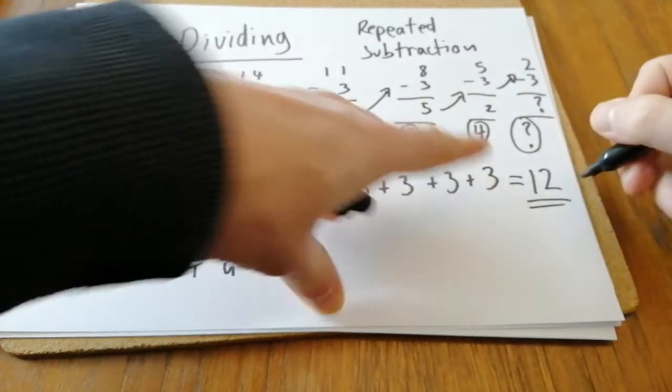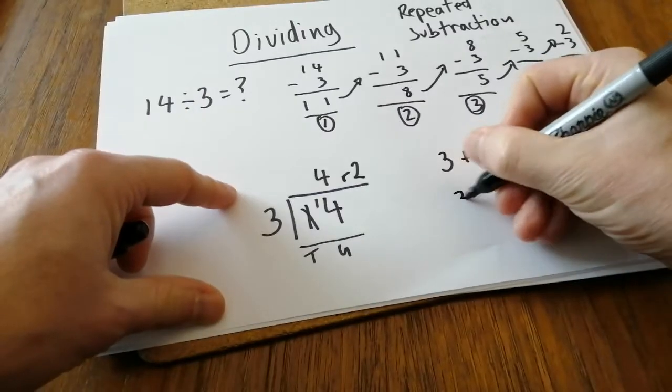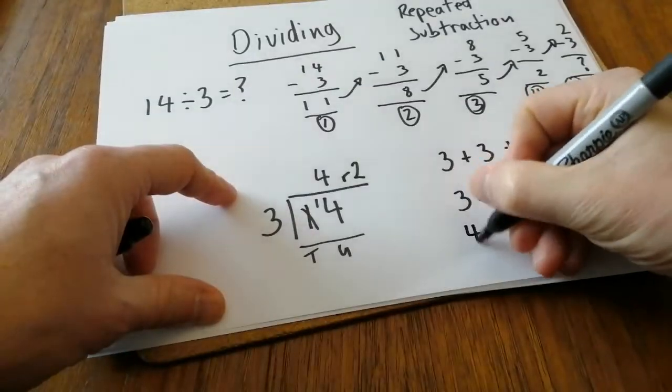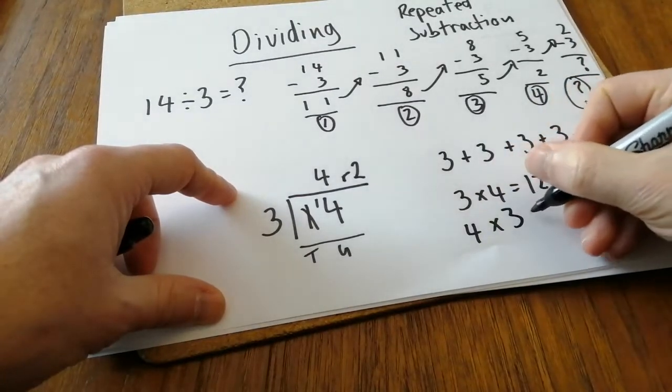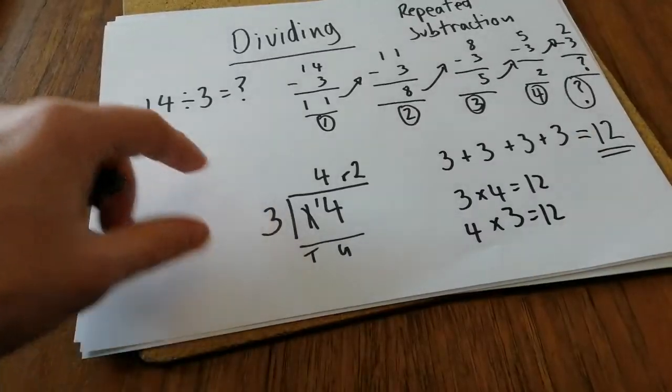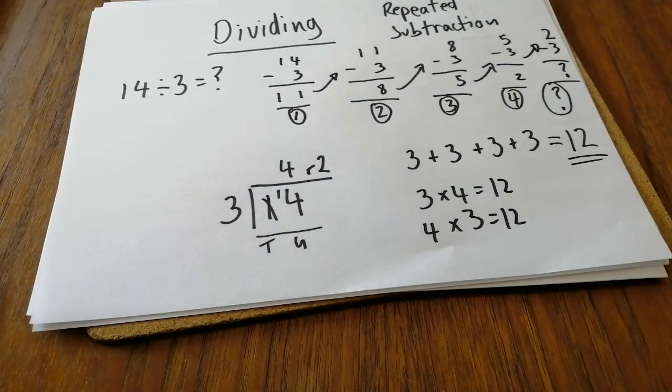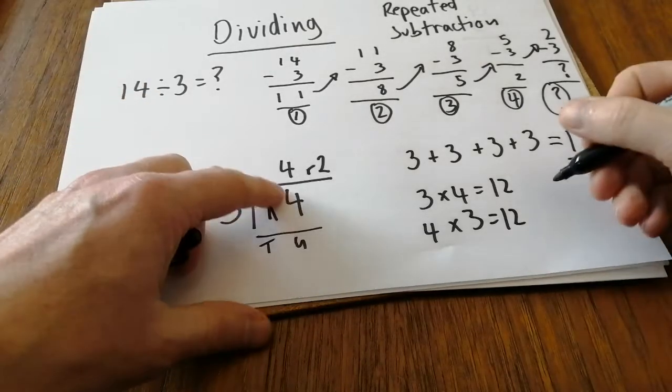So if we know our 3 and our 4 times table, we know that 3 times 4 equals 12, and 4 times 3 equals 12. It's the same thing. But 14 is the number we want to get to. Well, what's the difference between 12 and 14? It's 2.